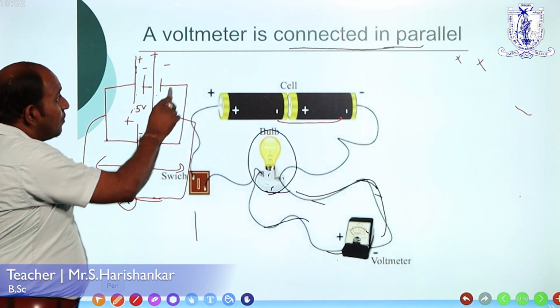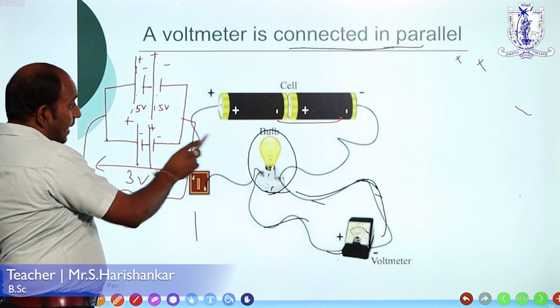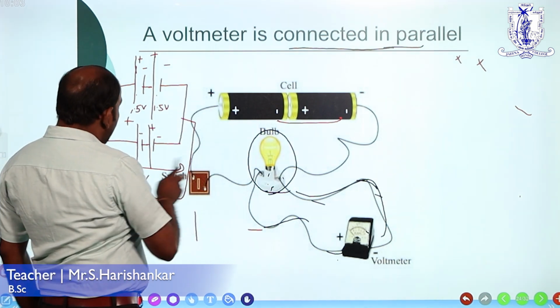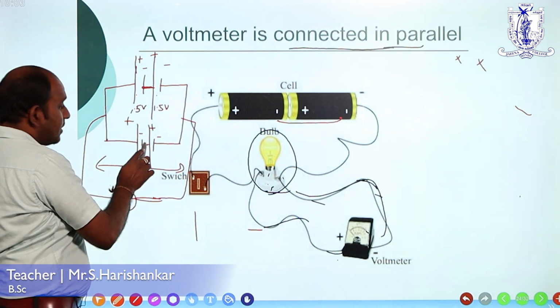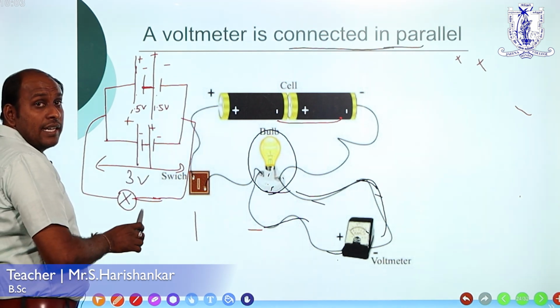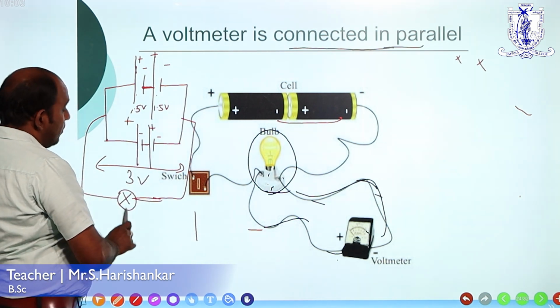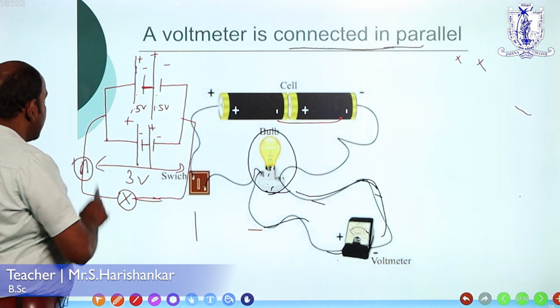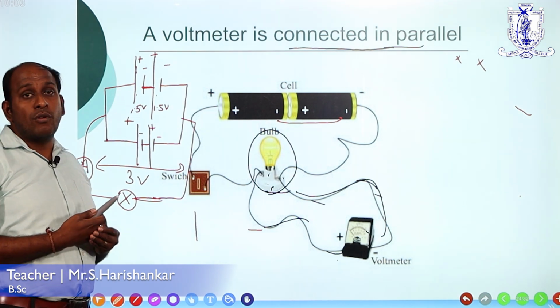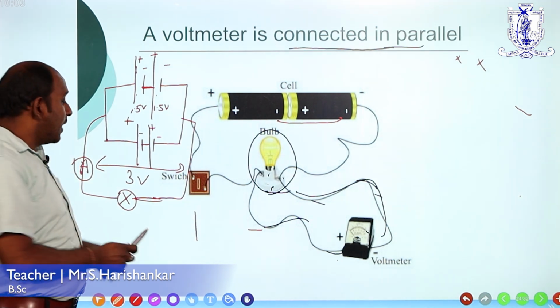Now, a voltmeter connected in parallel reads 3 volts. How to connect the batteries is important: positive and negative, and the resistance and ammeter are in series connection. The main thing is Ohm's law, V is equal to IR.